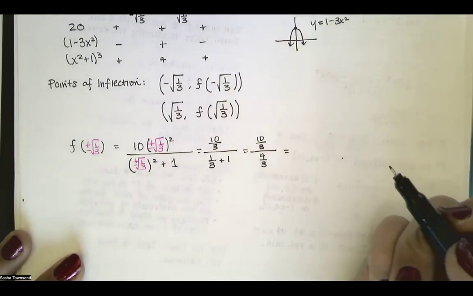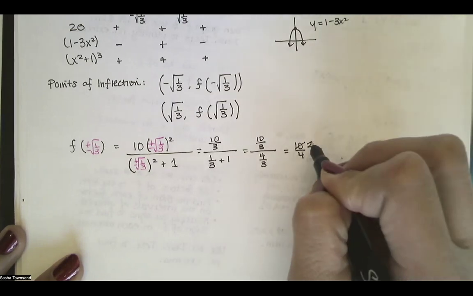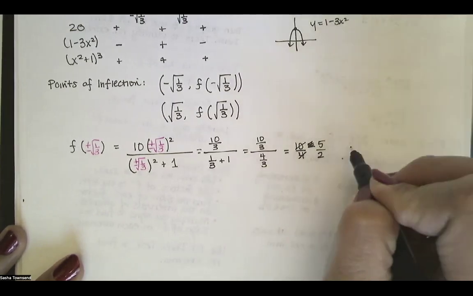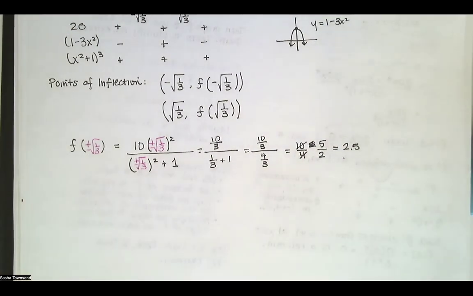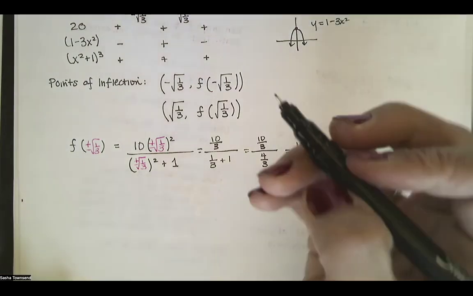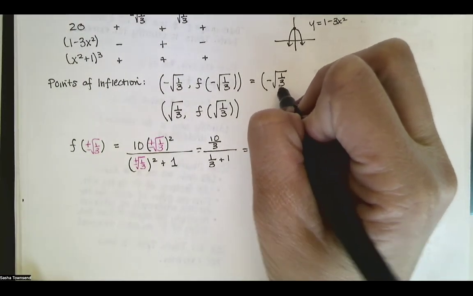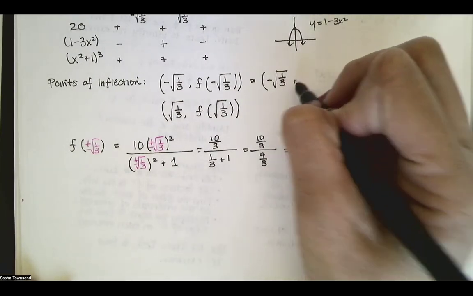And that reduces to 10/4. And we can divide that by 2 and get 5, and divide that by 2 and get 2. So we get 2.5. Now, I actually don't know a numerical approximation of the square root of 1/3.